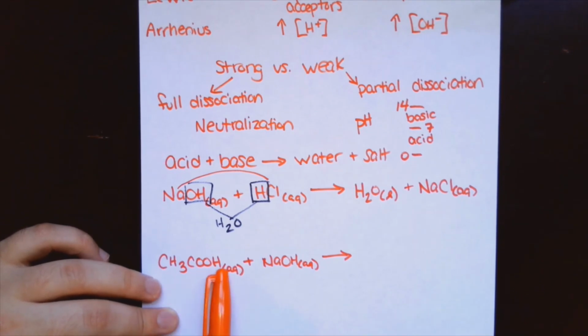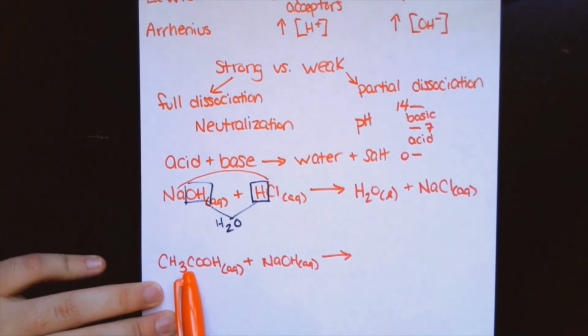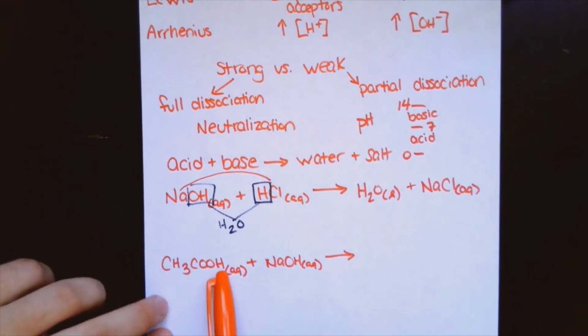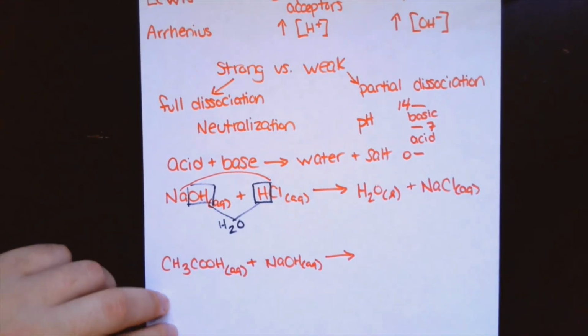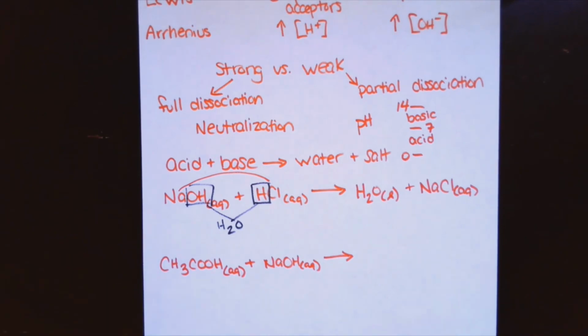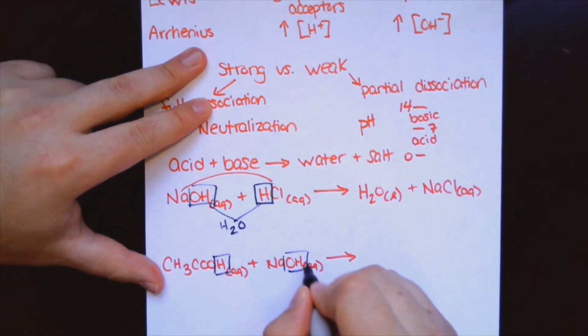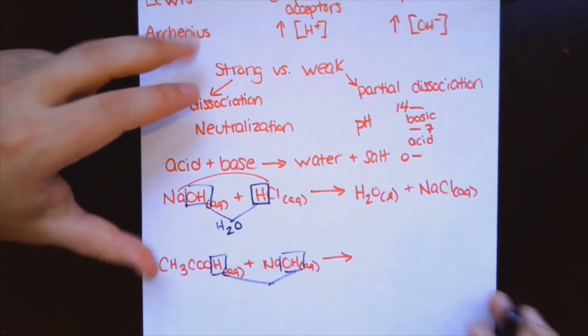If you see this in a molecule, no matter what's before it, if you see this at the end of a molecule, that's always going to be an acid. And in fact, that is the hydrogen that's given off by the acid. So that hydrogen pairs with this OH to get your water.